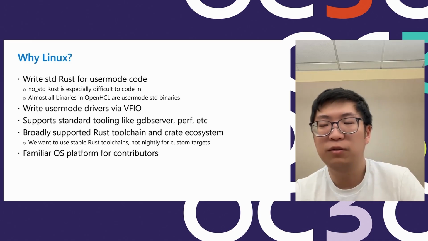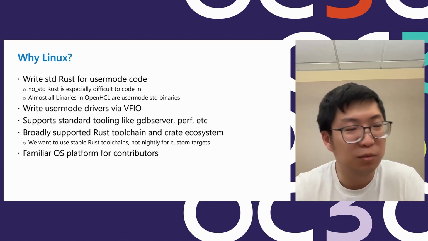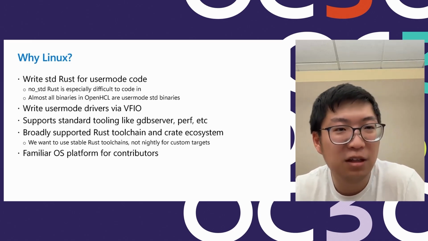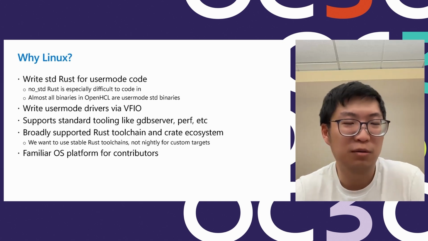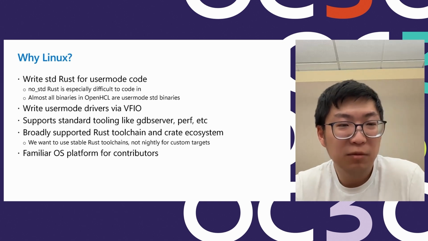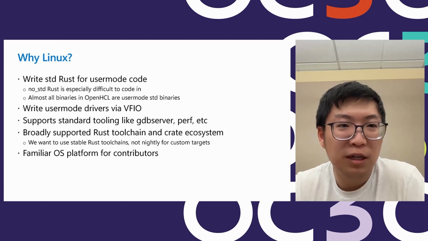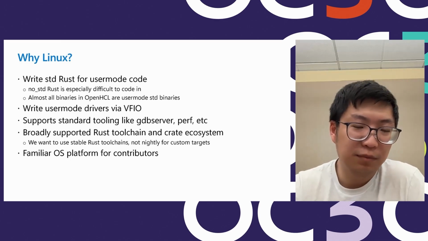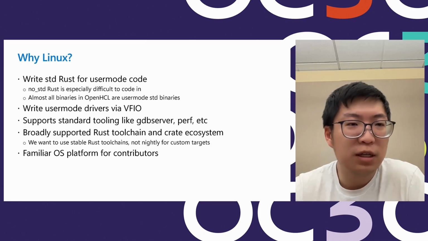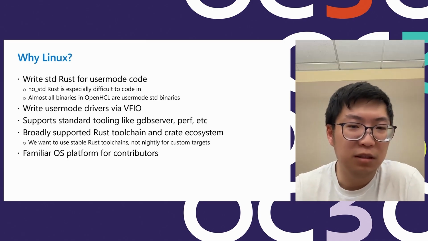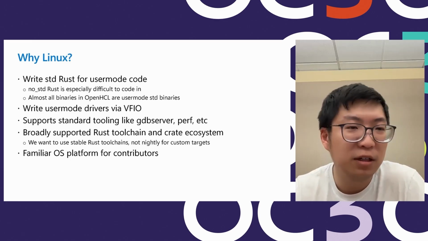So you might have noticed, multiple slides ago, that we use Linux. And why do we use Linux? Well, I just talked about why we want to write Rust, but crucially for Rust, we want to write standard Rust code. And what does that mean? Rust has this concept of no standard and standard. Standard means you're running within the context of an operating system.